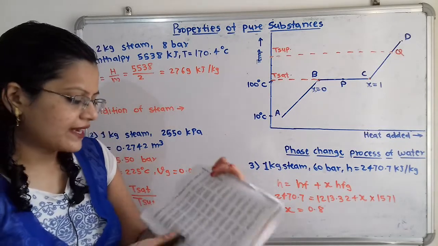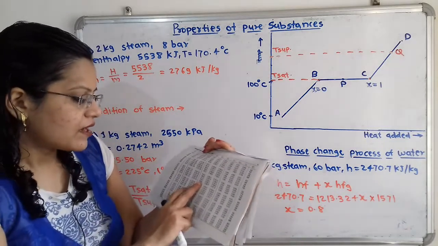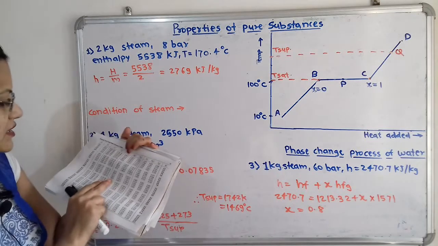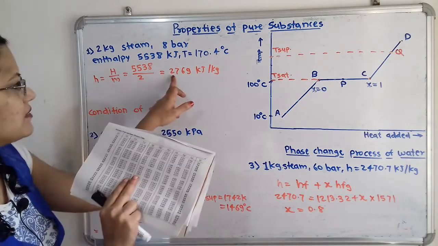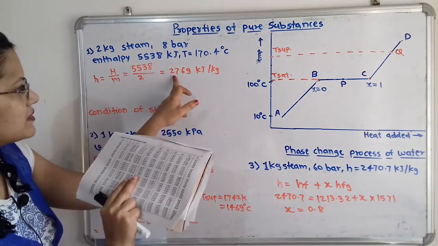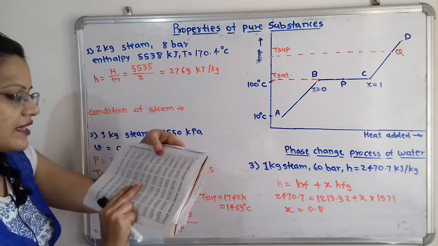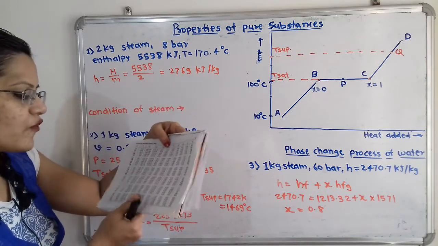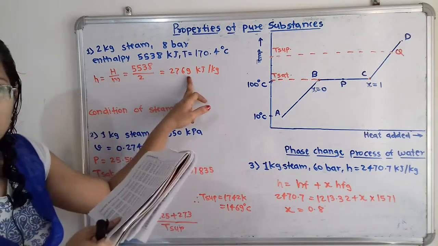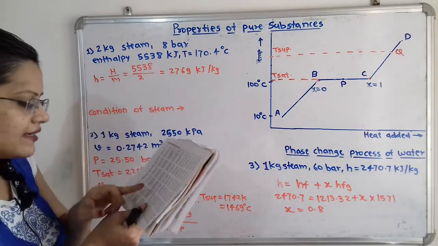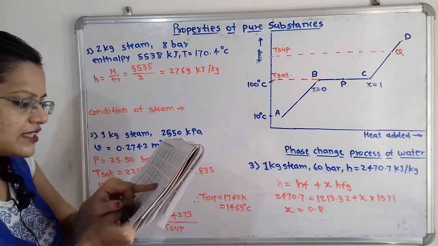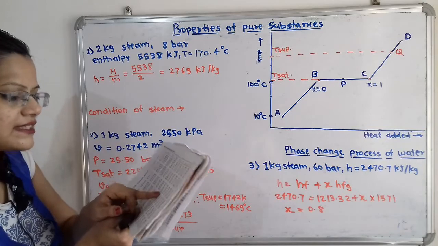At 8 bar pressure we will compare the enthalpy. So Hf is 720.9, so it is less than this 2769. Then Hfg is 2046. So this is also less than, and Hg is given as 2767.4.